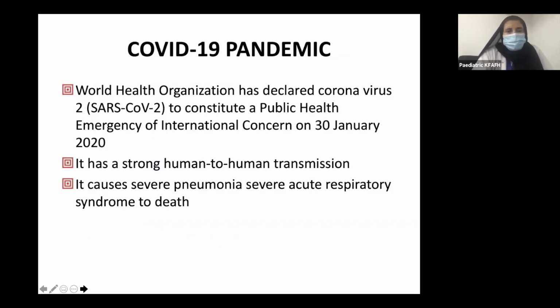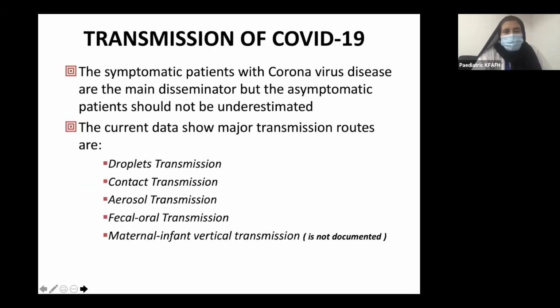And we know that the pandemic was declared on the 30th of January 2020. It has a strong human-to-human transmission. It is caused by a virus from the corona family, and the transmission can be droplet, contact, aerosol, fecal-oral, maternal and infant vertical transmission.